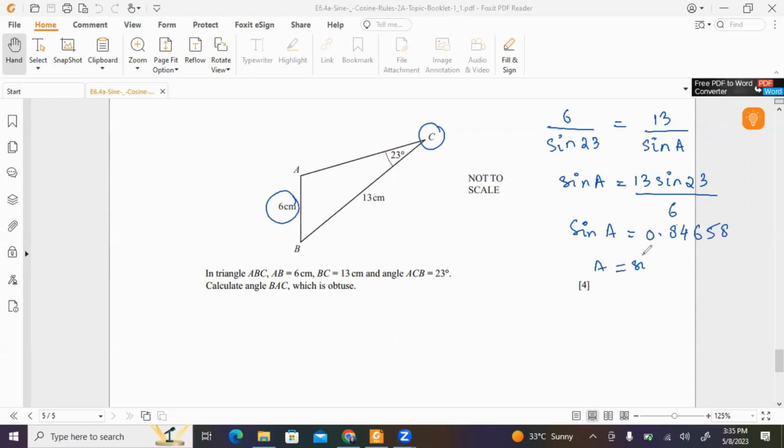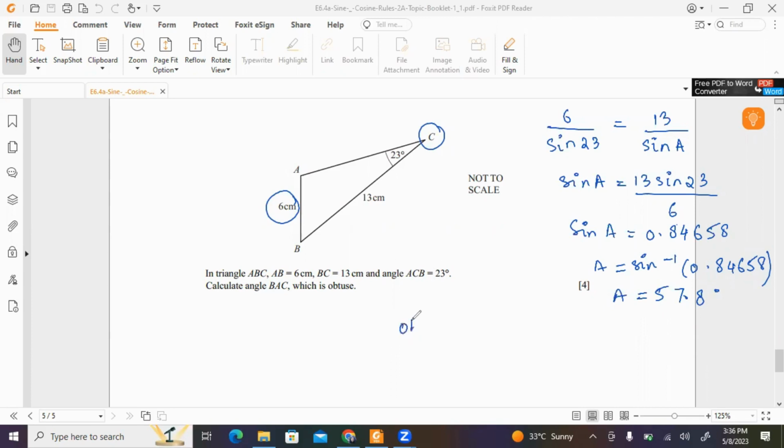We take sine inverse of this because we're trying to find the value of the angle. So sine inverse of 0.84658 gives us 57.8. Now, as you can see, 57.8 is not an obtuse angle.